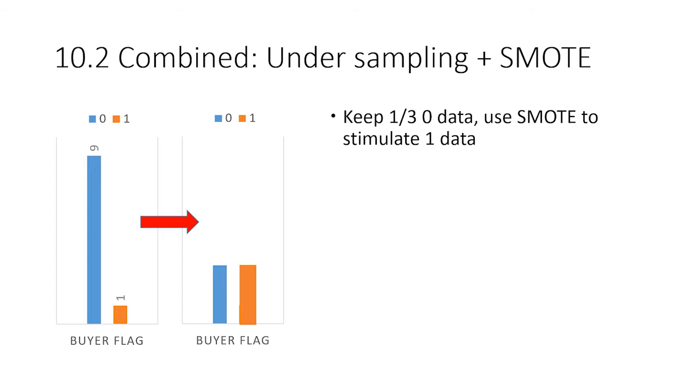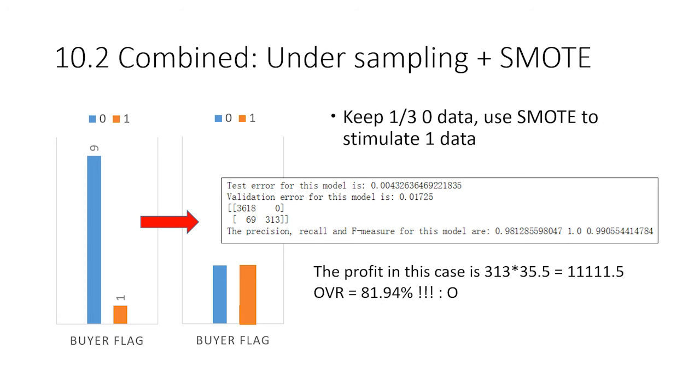We still reduce the number of zeros, but we keep 1/3 of the zero data instead of what we did in the previous example, where we only kept 1/9 of the data. After keeping the zero data, we use SMOTE to simulate data points labeled with ones, so that now those two kinds of data points are numbered the same.